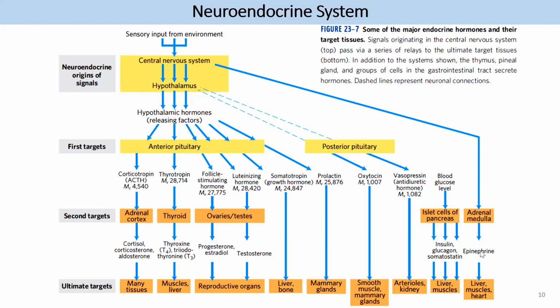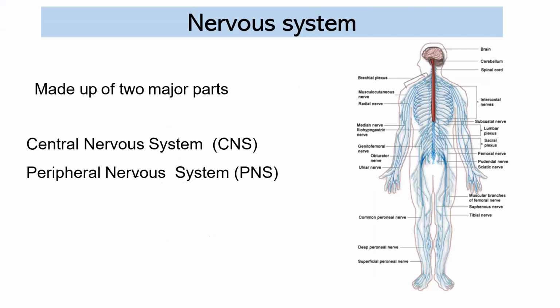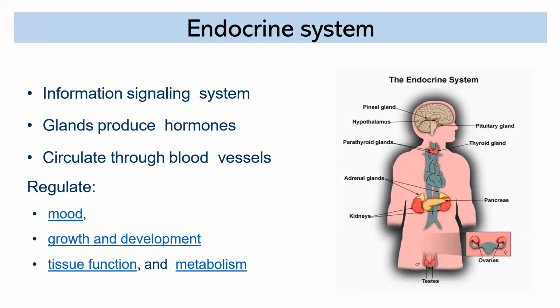Okay, so we are going to take a look at this separately, so we can dissect it out and clarify it for ourselves. There are two parts in the nervous system: the central nervous system and the peripheral nervous system. And when we talk about the endocrine system, there is an information signaling system, and there are different kinds of glands which are labeled on this figure, so that you can appreciate that they are located throughout the body. These glands result in the production of hormones.